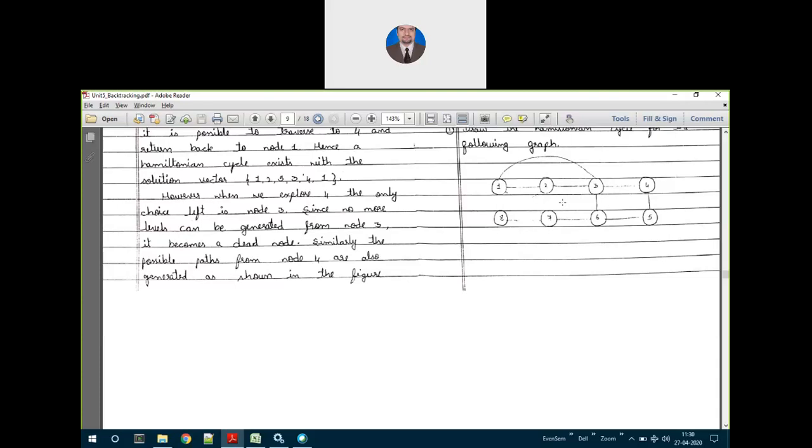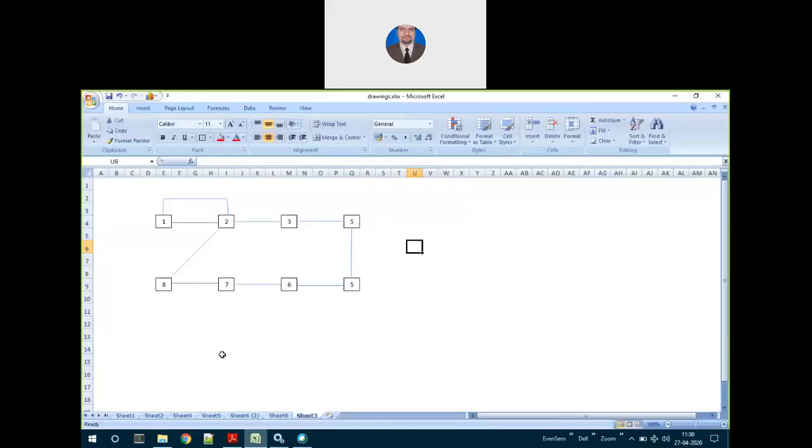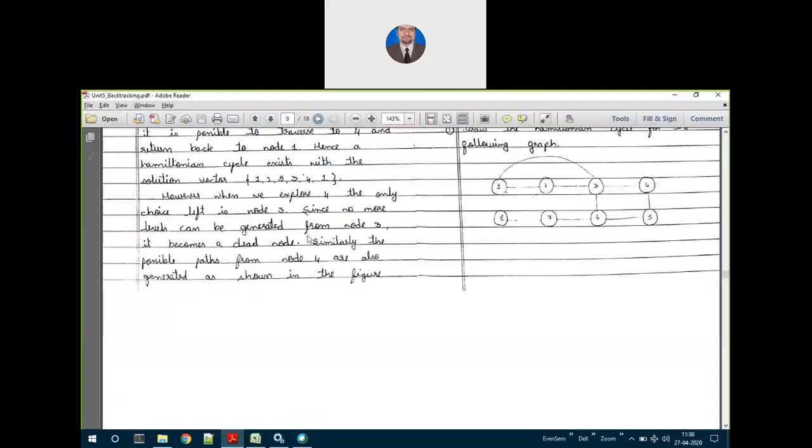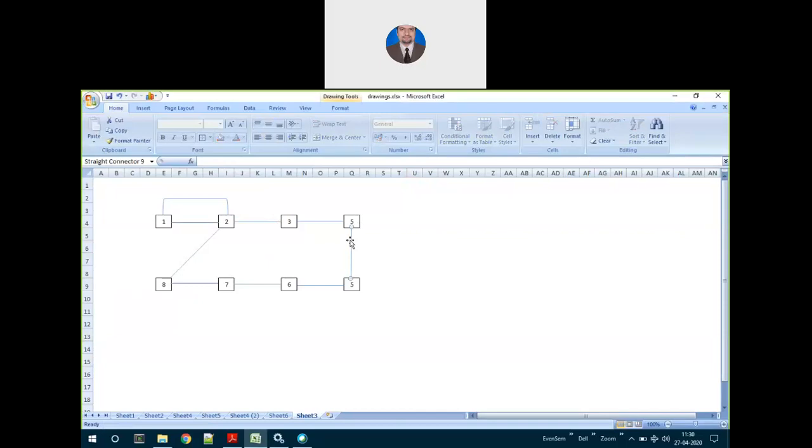Can anyone quickly tell me what could be the solutions just by looking at the diagram? If we travel in which particular order, we would get a Hamiltonian cycle here? 8 to 2 is also connected. For a better diagram, I can show this one. I think 3 to 6 is also there. Yes, 3 to 6 is also connected.